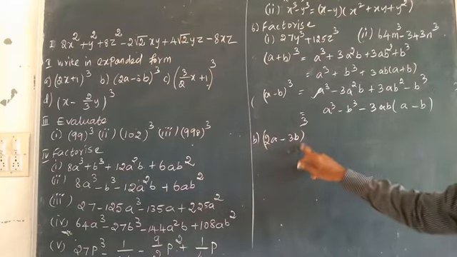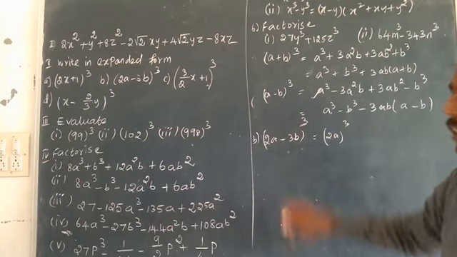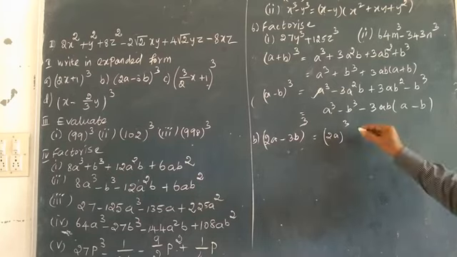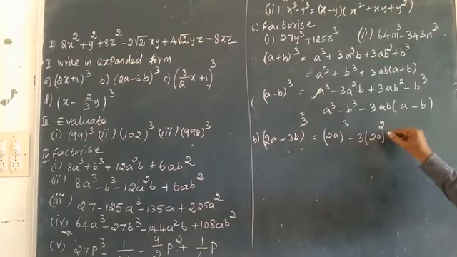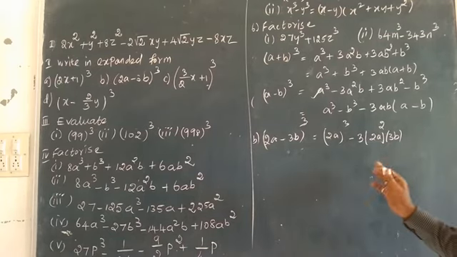So (2a minus 3b) whole power 3: the first term is 2a, the second term is 3b. Substitute (2a) whole power 3 minus 3 into (2a) whole power 2 into b, which is 3b. Don't substitute minus 3b. This is the confusion part for students. So don't substitute minus 3b, substitute 3b.